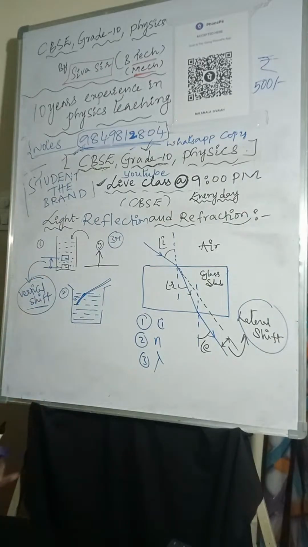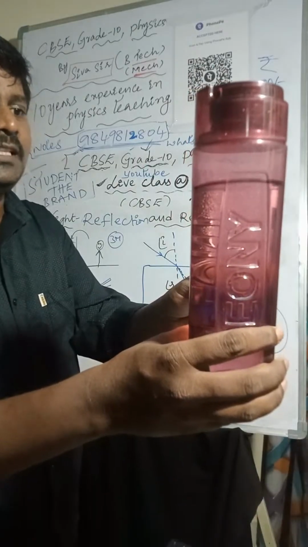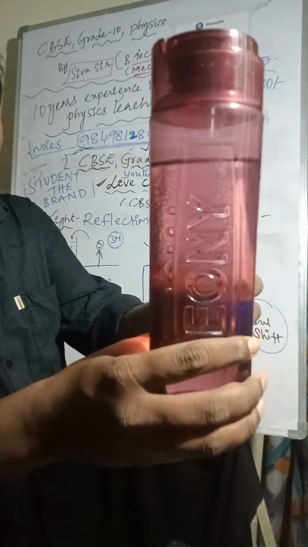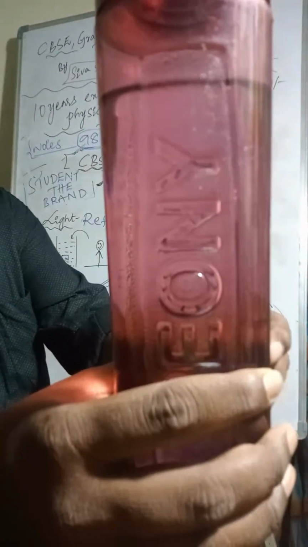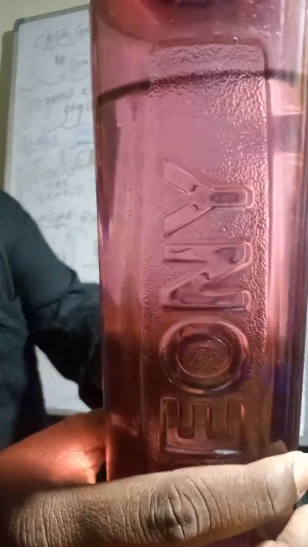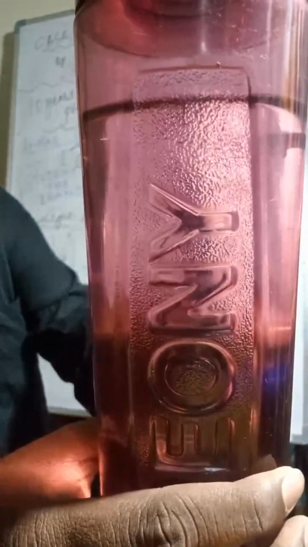One example I will show you, how it will bend. We can't see well, but I will try. Are you able to see this water bottle? I'm placing the marker at the back side of it. Can you see?